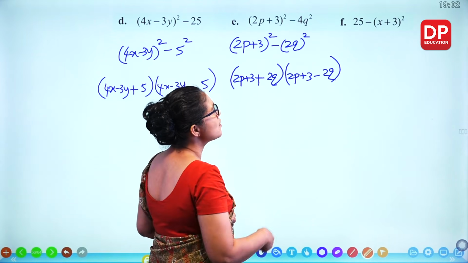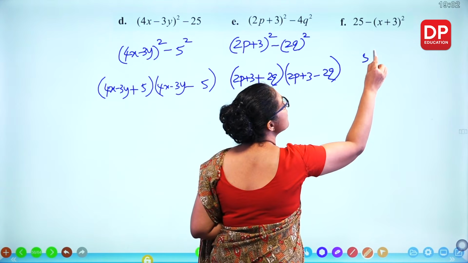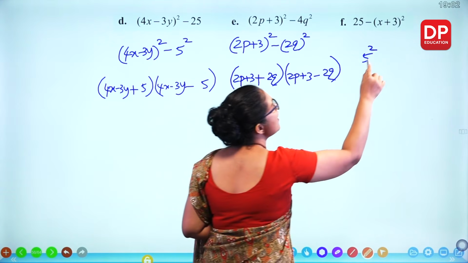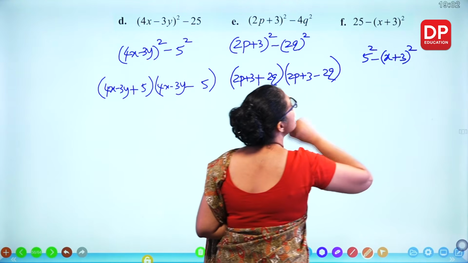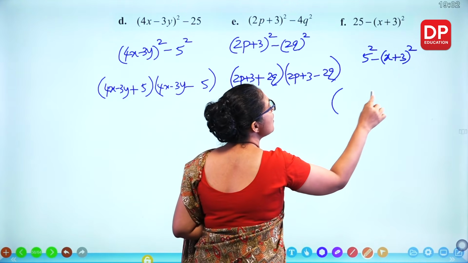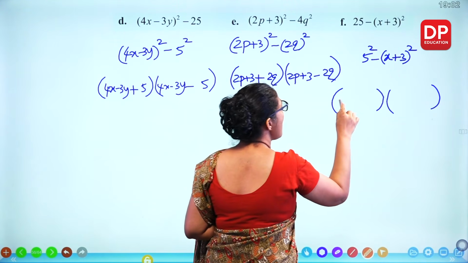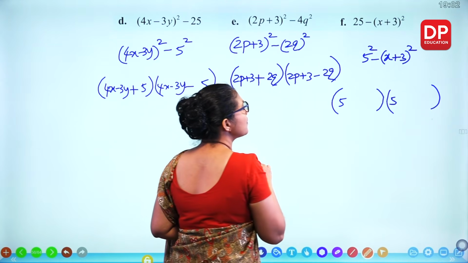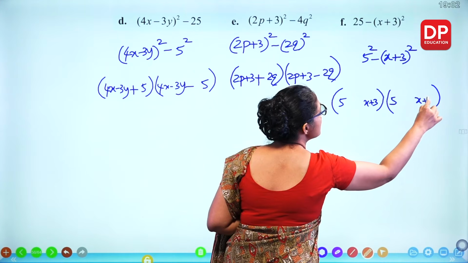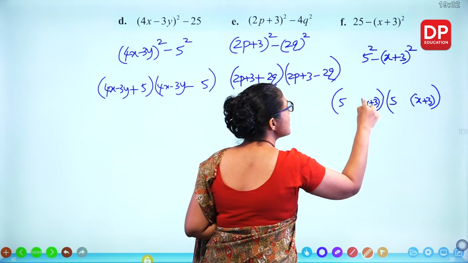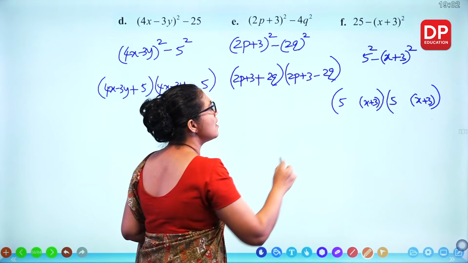Now look at this one, 25. I can write as 5 squared, and this one already is a square term. Now apply the formula. I can write 5 as the first term, x plus 3 as the second term. But make sure that you put brackets because this is an expression.